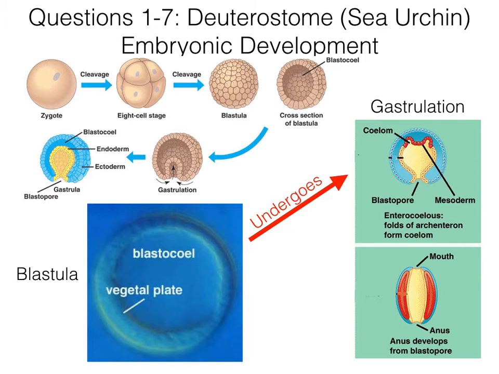The vegetal plate is going to become the endoderm, and all the other parts of the blastula become the ectoderm. Okay, eventually it's going to push all the way through during gastrulation, and there's a continuous tube through the middle of the embryo. And the second hole that forms is going to eventually develop into the mouth.